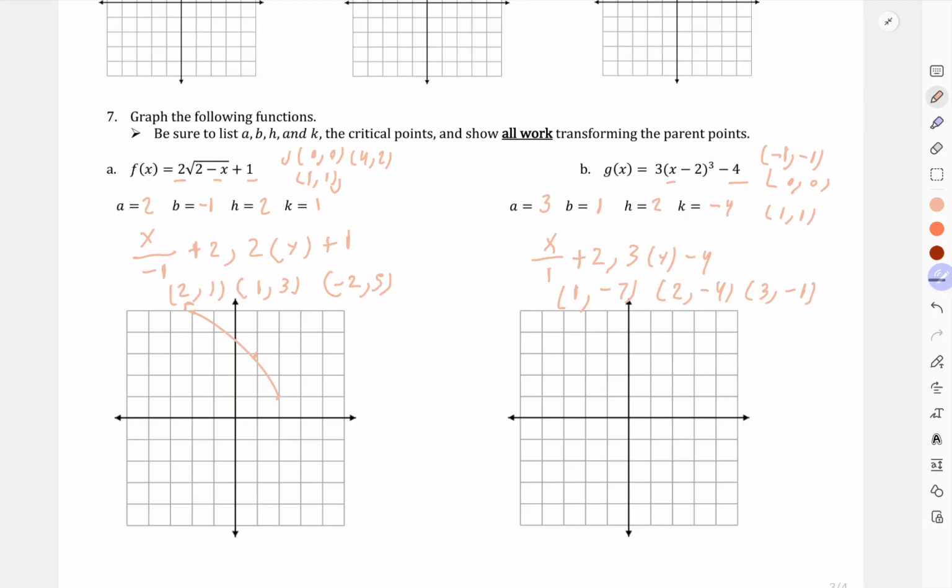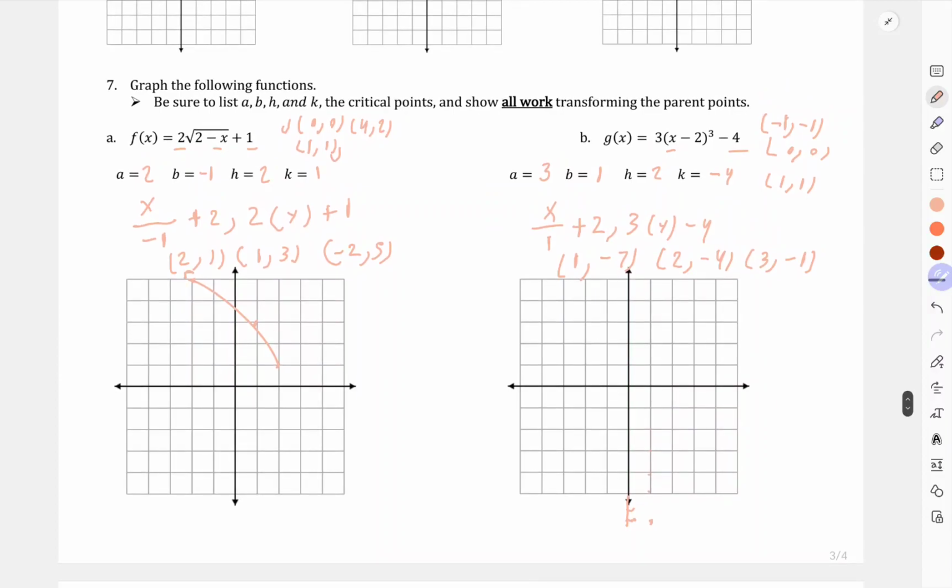Okay, let us start by putting these points down on the graph. It might be wrong, it might be right, but let's check. So 1 and negative 7. 1, 1, 2, 3, 4, 5, 6, 7. That's a long way down. Okay, 2 and negative 4.